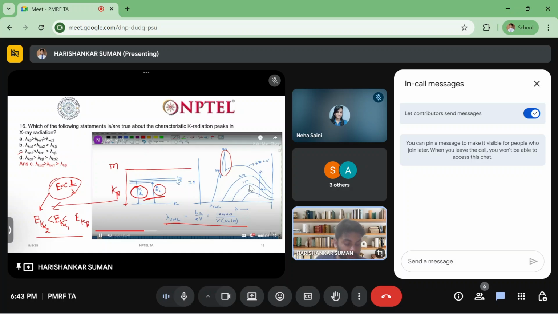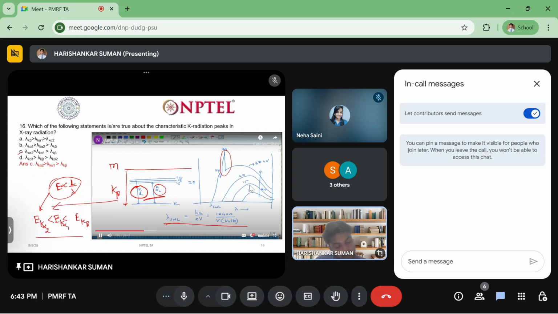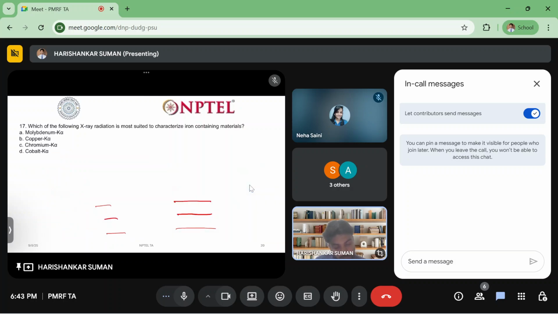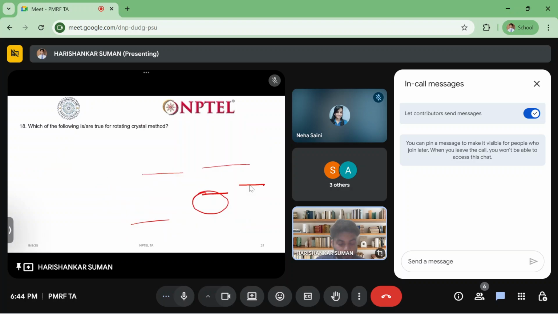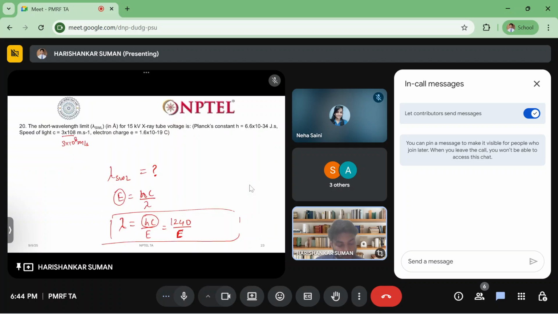So you can apply the voltage directly, in nanometer, now in angstrom.